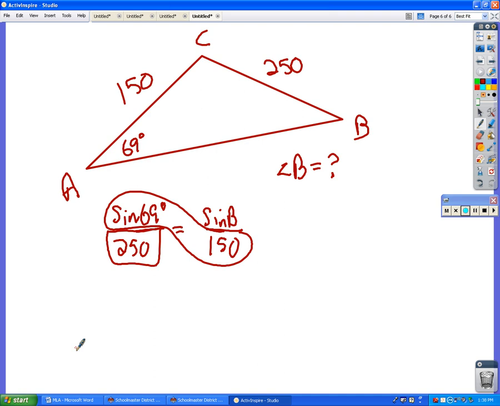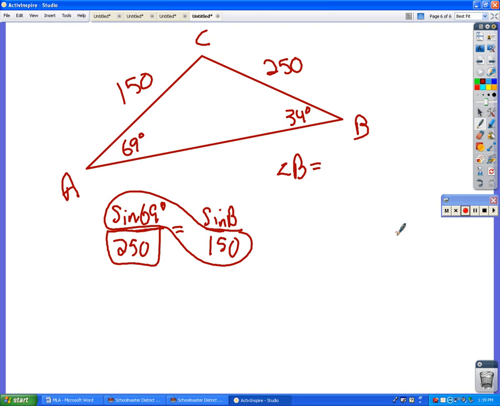Does that mean that angle B equals 0.56? No. What does that mean? Right, that means the sine of angle B equals that. What do I need to do to find the angle? I have to go inverse sine. Remember, anytime you're trying to find an angle, you have to use the inverse sine function. So once you get that answer, go second sine, and you get about 34 degrees.